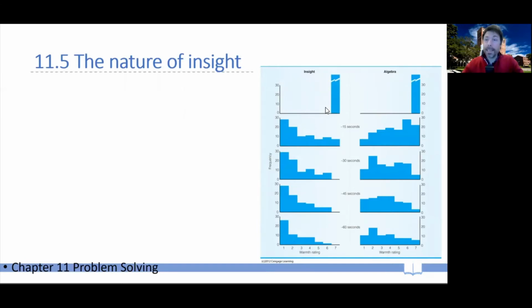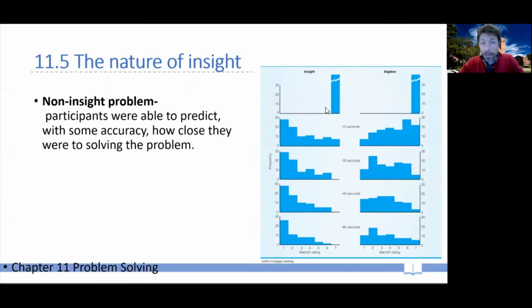So this is how phenomenally, or phenomenologically, these problems feel. With non-insight problems, participants are very good at predicting, with good accuracy, how close they are to solving the problem. And it makes sense. These problems typically tend to be a conscious accumulation of steps from the initial state to the end state.